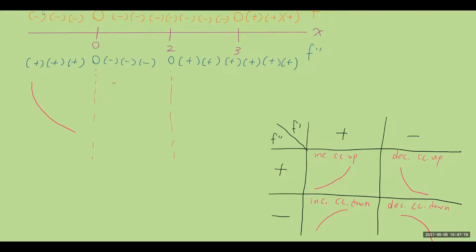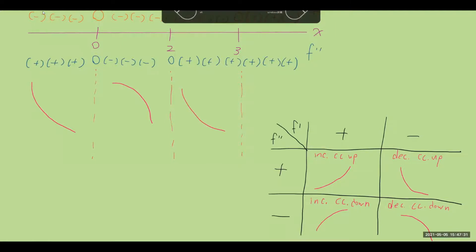So it will look like that. Between 2 and 3, decreasing and concave up. That will look like this. And the last part is increasing and concave up. So it will look like this. Okay. So these 4 different parts tell us what the graph is going to look like, breaking it down into 4 intervals.